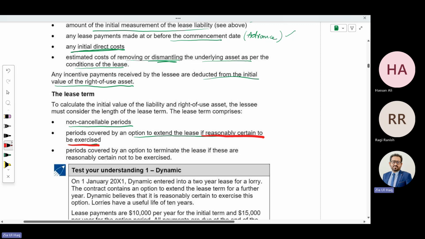And if that extended time period meets the condition of reasonably certain to be exercised, meaning there are more chances you will extend the lease, then the lease time period will be considered 5 years. 3 plus 2 is extended. If the extended time period is not reasonably certain, then the lease time period will be considered 3 years.